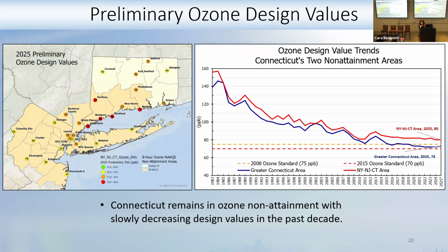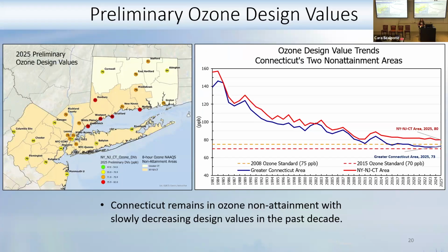I did include our trends on the right, and we have seen significant progress since the 1980s for ozone, but in the past decade we have seen more slowly decreasing design values. One of the main points here is Connecticut still remains in ozone non-attainment for both areas for the 2015 standard, and for the New York, New Jersey, Connecticut non-attainment area for the 2008 standard.